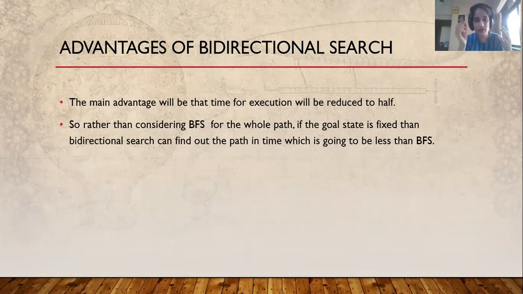That's how bidirectional search helps find the shortest path from the source node to the goal node, and thereby also helps avoid all the unnecessary states which can be discarded.